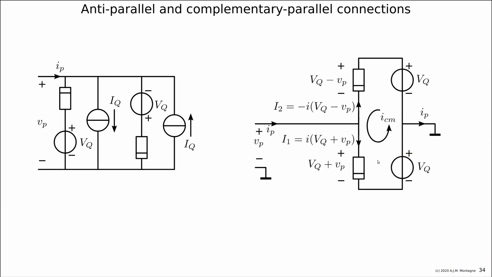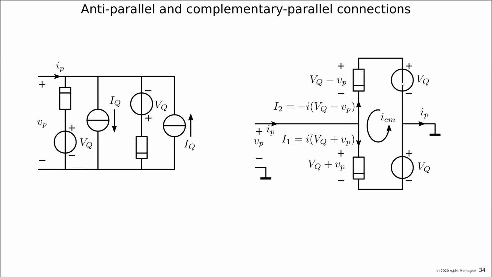So this current, now I connected one point to ground, and we just apply a parallel current, just a total. And then you see that the common mode current is this IQ. I shifted the VQ, I placed the ground between the two, and drew it a little bit different, but this is exactly the same picture as the other picture, but now with one midpoint grounded.